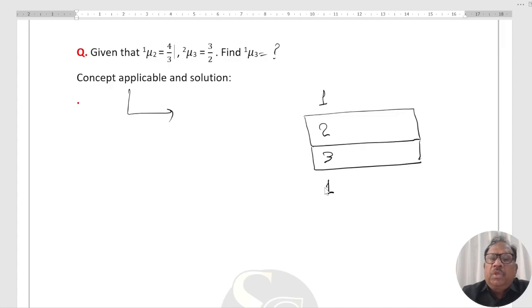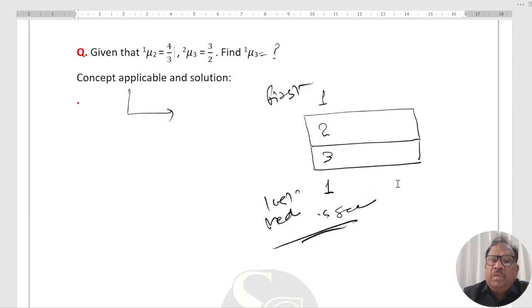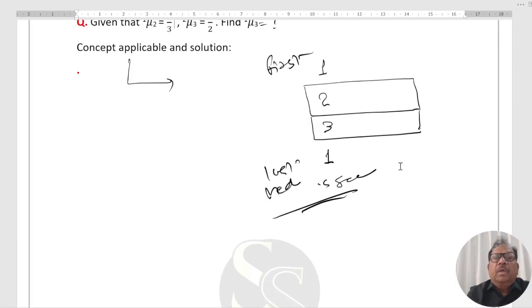Initially the first and last medium are the same. Then if we start from here, the refracted ray will be parallel to the incident ray. Lateral shift will be there. If we start from here, it retraces the same path. That is the principle of reversibility, right?